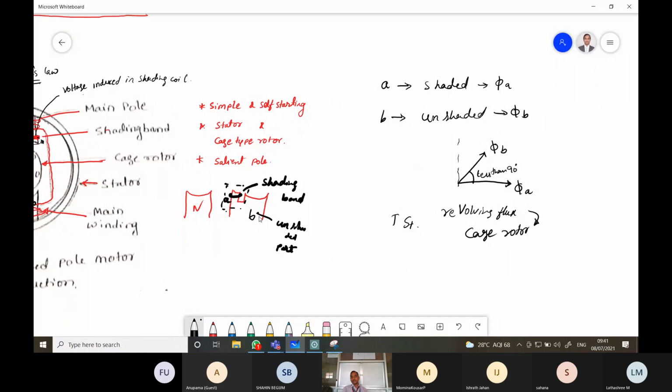The angle between the fluxes produced in the shaded portion and unshaded portion is less than 90 degrees, and it sets up the revolving flux. So it is the double revolving theory you have studied.